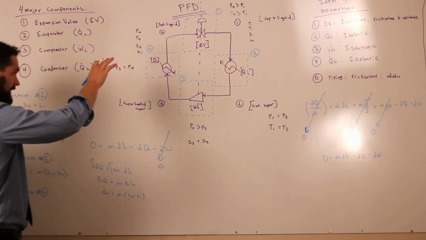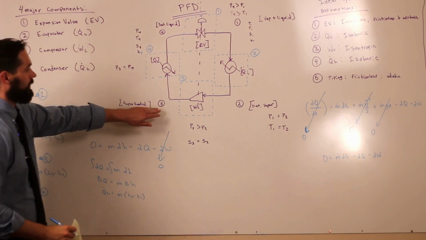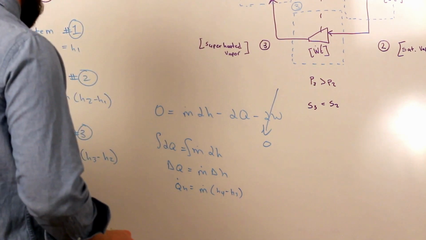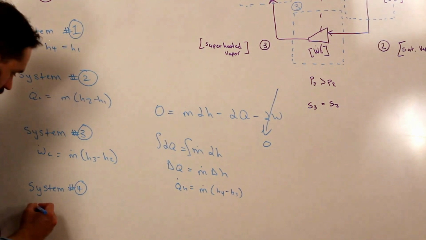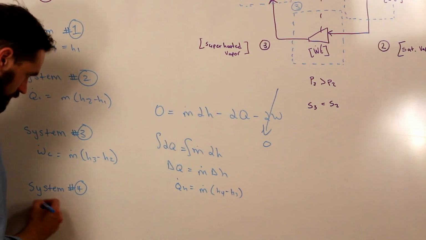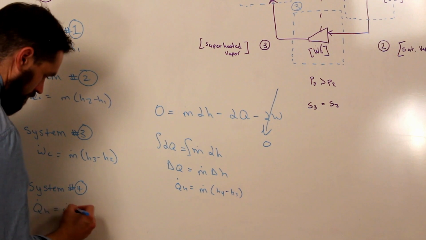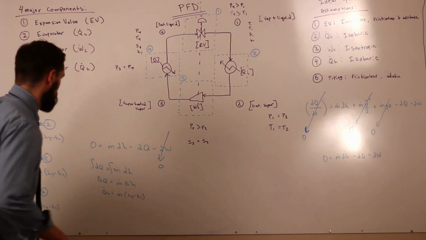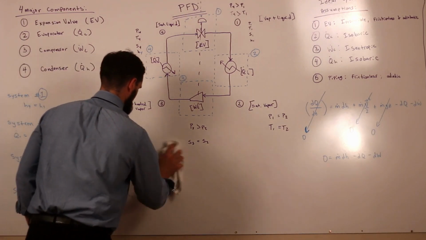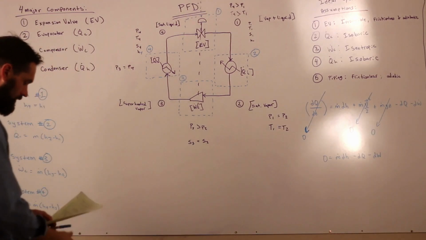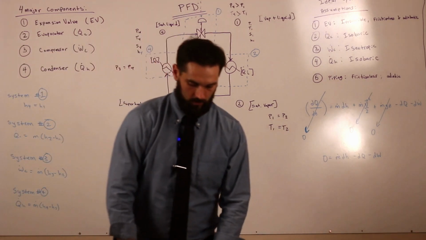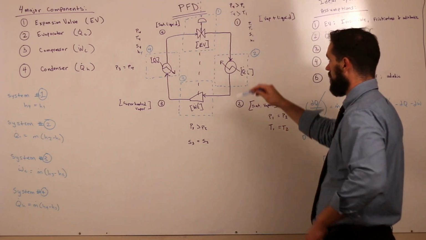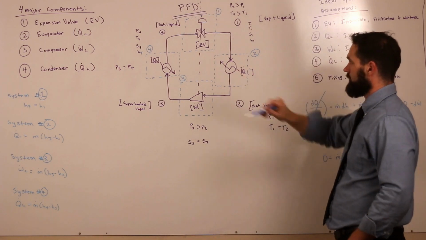It's always final state minus initial state, and we're evaluating it going from state 3 to state 4 in the workflow of the system. Transcribe that over here. Okay. So there you have it. Our energy balance around the system and around all the subsystems.